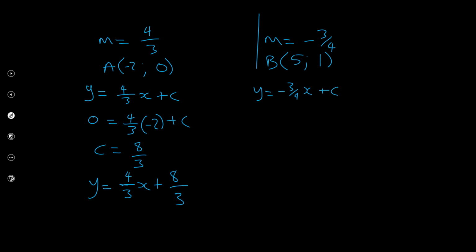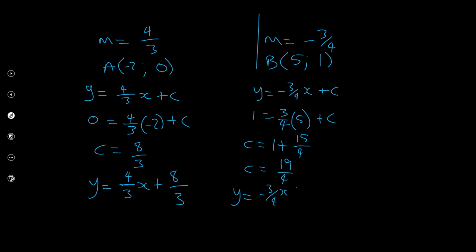Then I substitute the coordinates: 1 is equal to minus 3 over 4 into 5 plus c. My c will be equal to 1 plus 15 over 4, which is the same as c is equal to 19 over 4. Then it will be y is equal to minus 3 over 4x plus 19 over 4. And that's what you will need to do with that particular question.